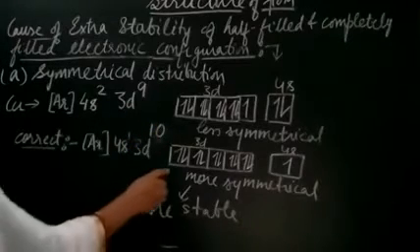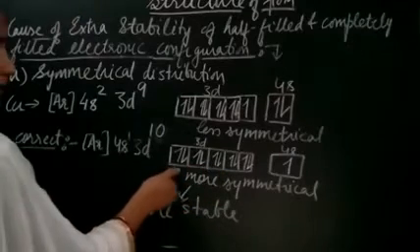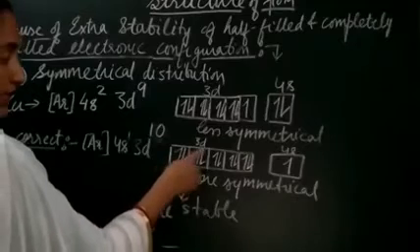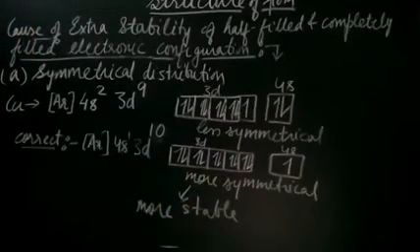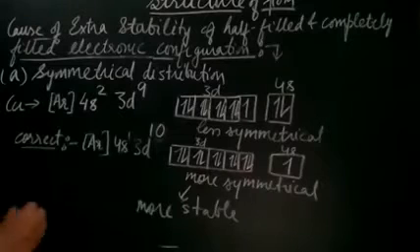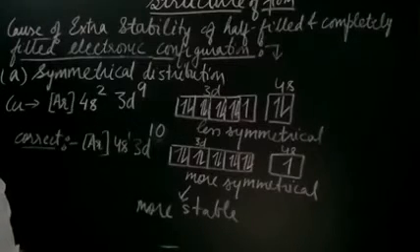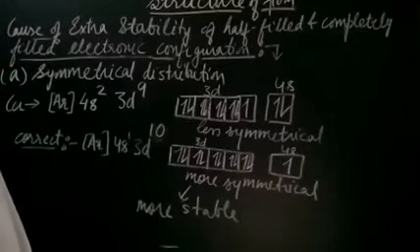If you see the d subshell, it is getting more symmetrical, 2 electrons in each orbital of the d subshell, which leads to greater stability. So one of the causes for the stability of half-filled and completely filled electronic configurations is the symmetrical distribution of electrons in the subshell.